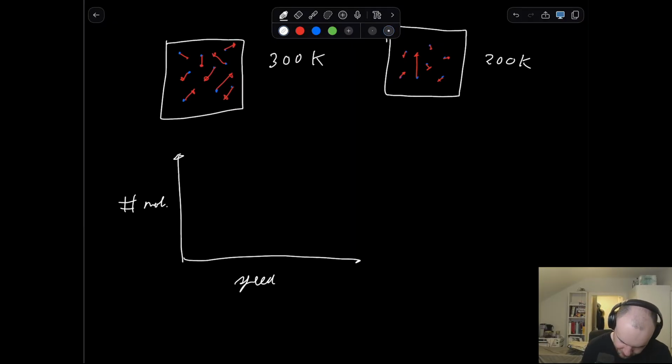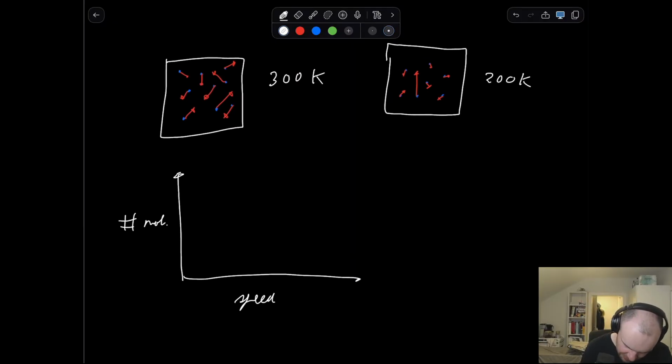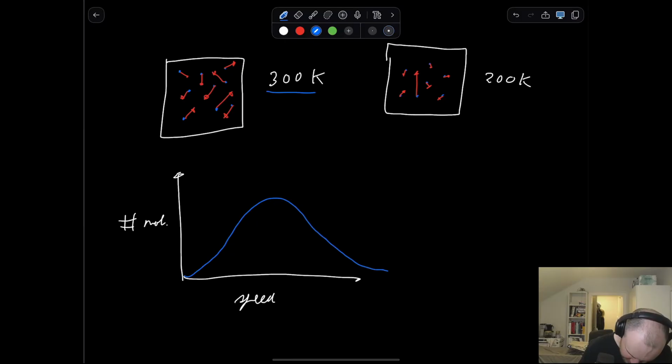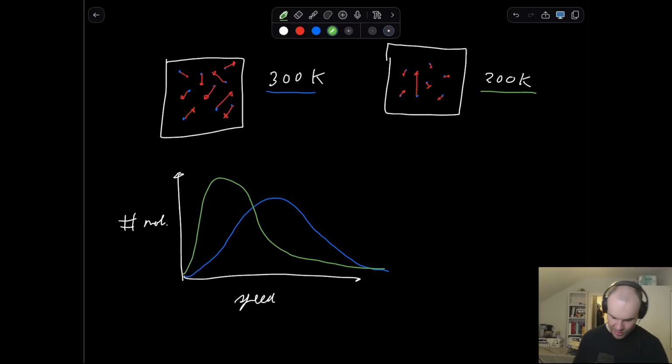Then you would see that the first distribution, this one with 300 Kelvin, let's have this in blue, would look like this. And the distribution with 200 Kelvin would look something like this. I could actually get even steeper, like that. Makes sense.